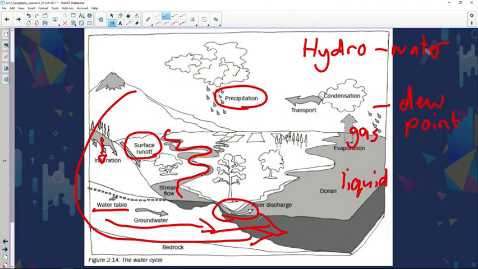It rains over the land surfaces. The water that runs on top of the surface in our river channels is surface runoff, and where the water infiltrates is known as groundwater runoff.